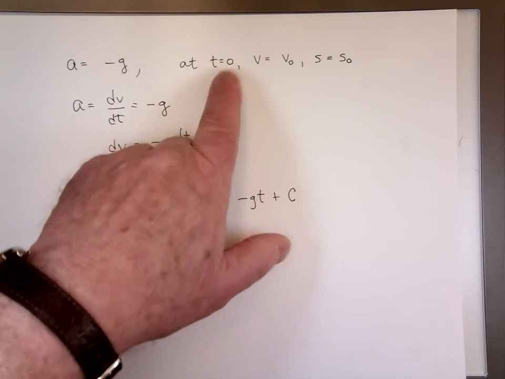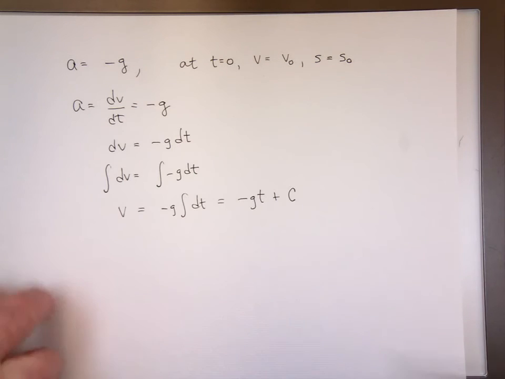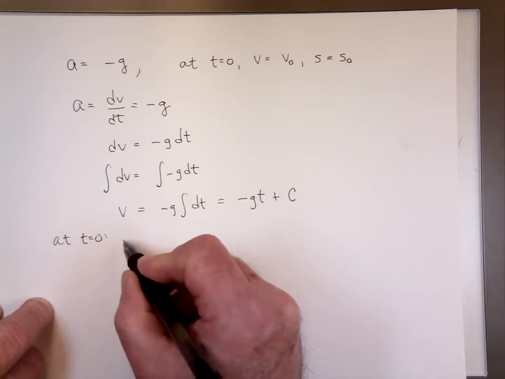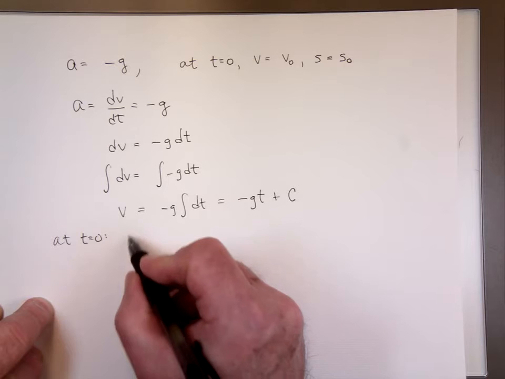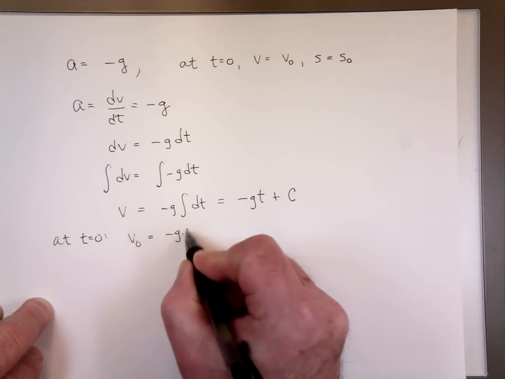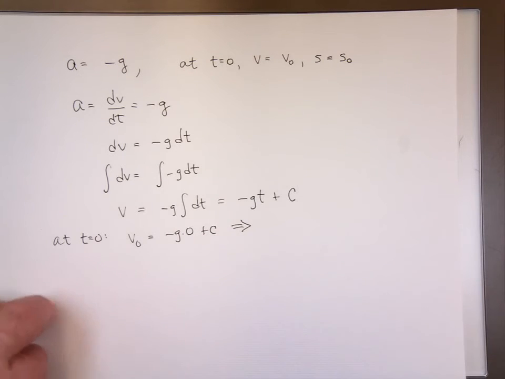Namely, if t is equal to 0, v is v sub naught. So, at t equals 0, here's what we have. Our velocity, v, is v sub naught. That's equal to a negative g times 0, plus c. And this tells us that c is equal to v sub naught.